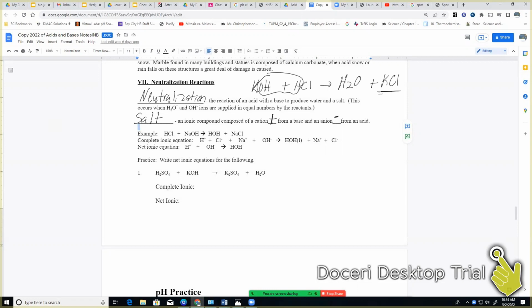We've done those before. It's a specialized type of double replacement reaction. We're not going to worry about net ionics because we already did those. So we are going to move on to titrations.